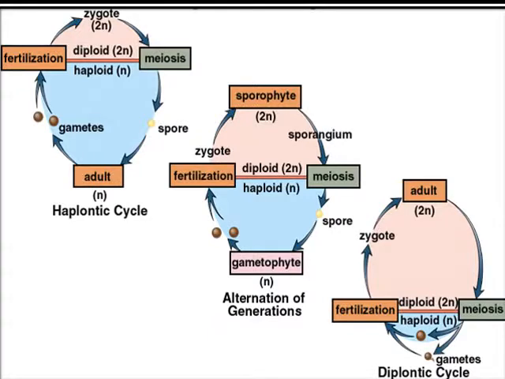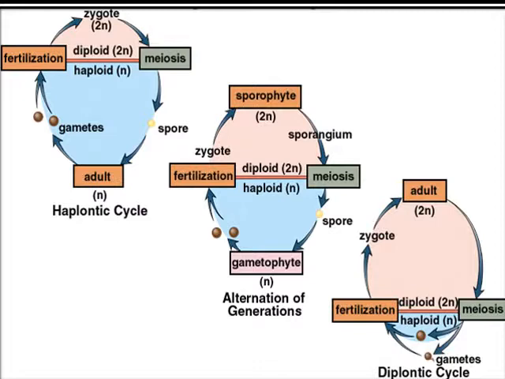Now by these three diagrams we can very well explain the three types of life cycles that take place in organisms. In the first, the haplontic life cycle, you can see that the adult has n number of chromosomes. N number of chromosomes means it is haploid.